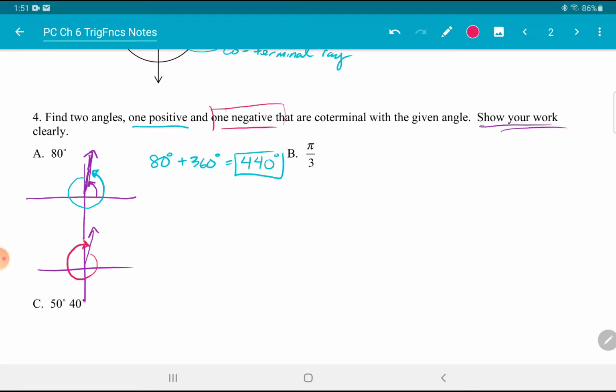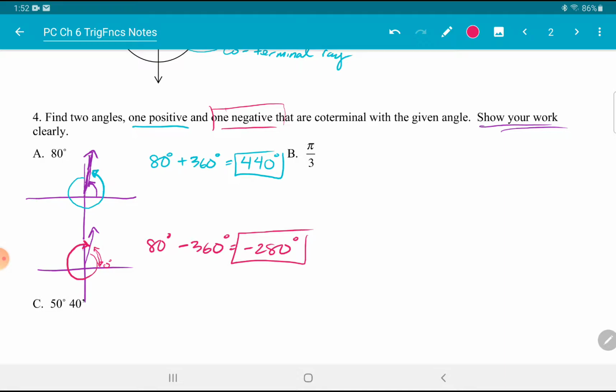If I started at 80, I'm backtracking, and I'm even going back below that 0 degree mark. I'm going to take the 80 degrees and go around another 360 degrees. I'm backtracking, so I'm going to have to minus 360 degrees. And therefore, you'll see we end up getting a negative angle measurement here. This is going to be negative 280 degrees. So that's going to be our negative coterminal angle.